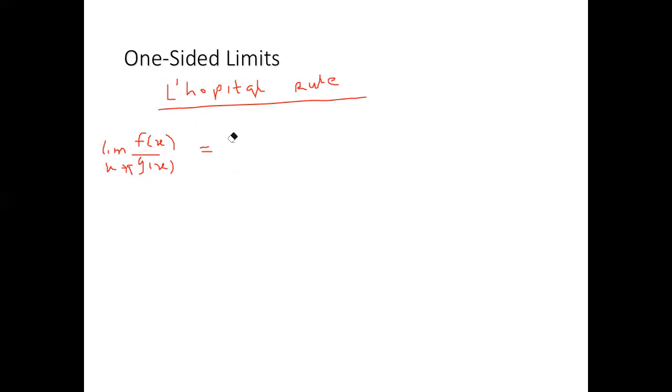So you find the derivative of f, and then you find the derivative of g, and then find the limit. That will help us to go around the indeterminate form. Now the challenge here will be how to find the derivative.